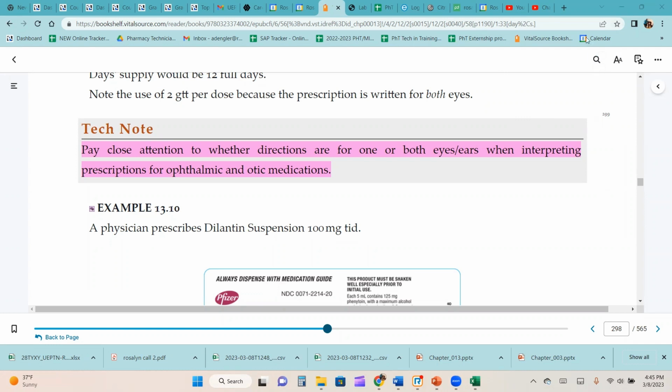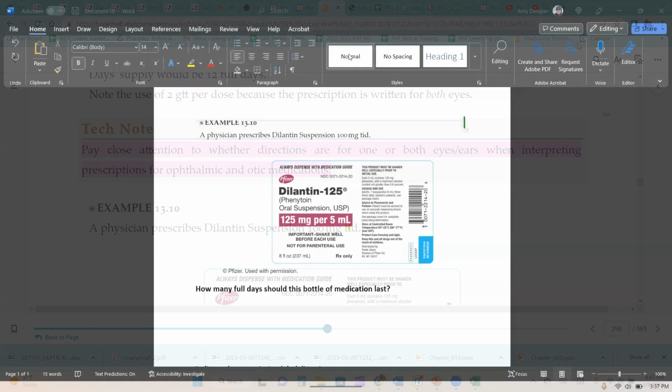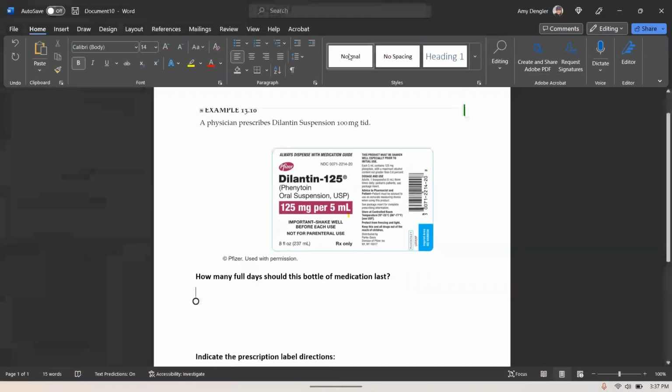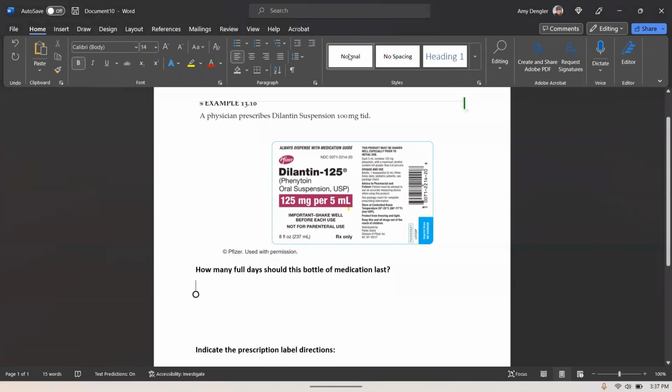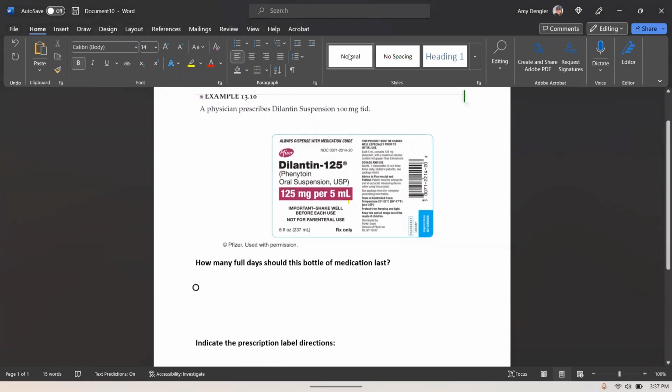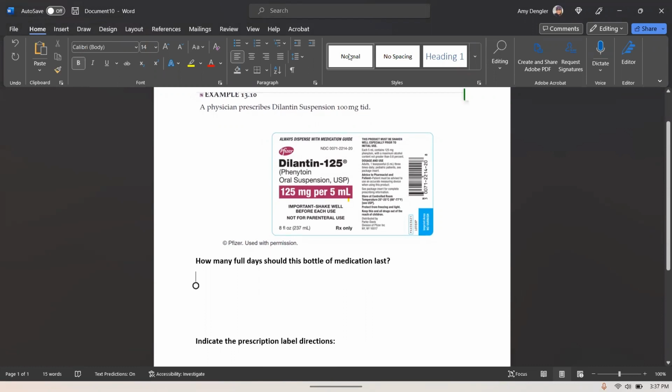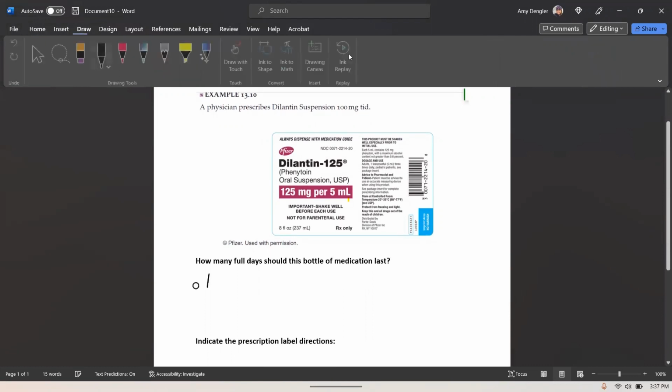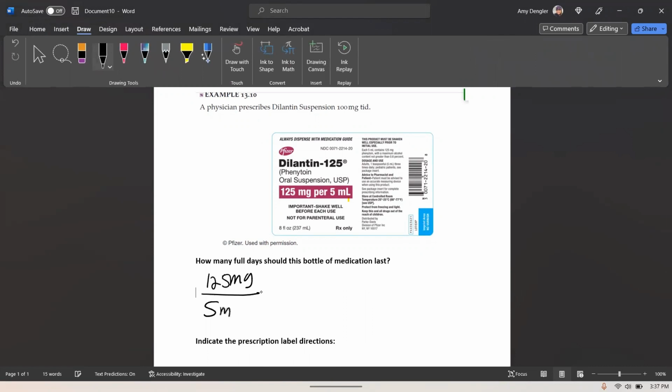All right, now we'll do example 13.10. A physician prescribes Dilantin suspension 100 milligrams TID. How many full days should this bottle of medication last? So we're going to do a proportion, of course, with 125 milligrams over 5 ml. And the doctor wants us to give them 100 milligrams. How many ml do we need to give?